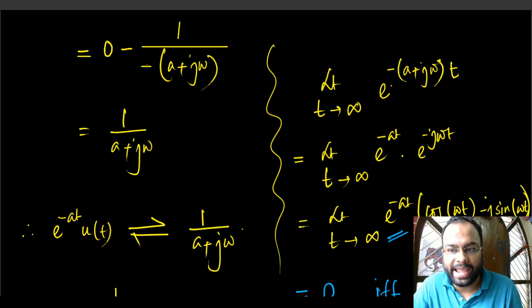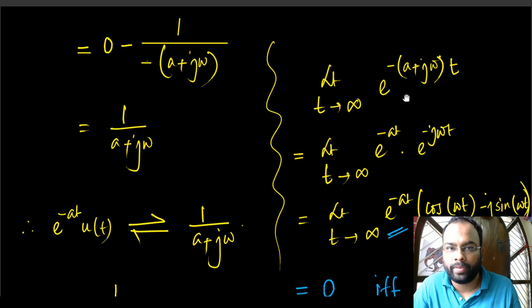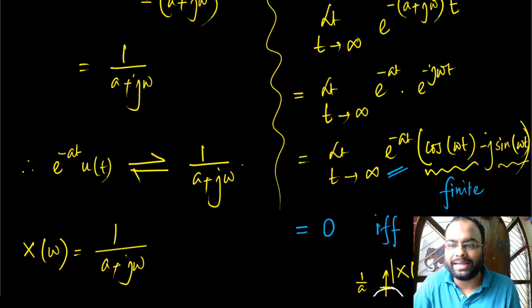Did I ever say a was greater than j omega? No. Or a was greater than minus j omega? No. Because this j omega is making a sinusoidal component which is finite in nature, right? So the limit has nothing to do really with j omega. It has everything to do with a, right?